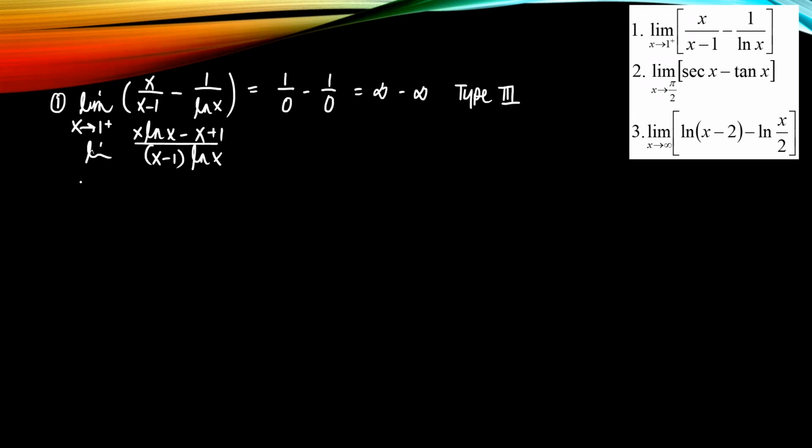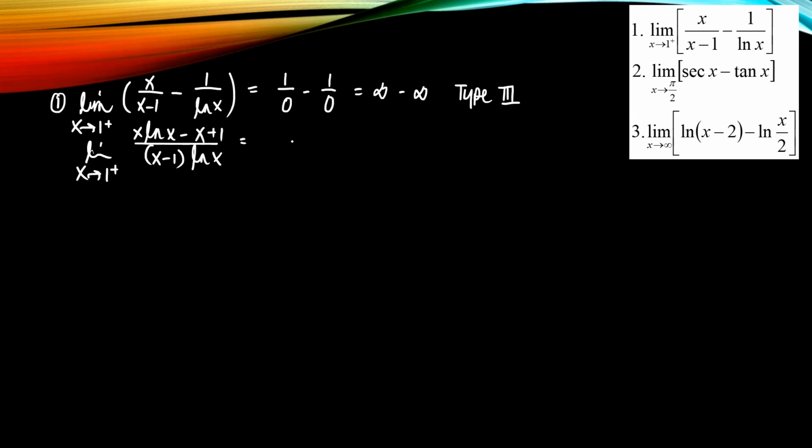That's 1 over 0 minus 1 over 0. So it's infinity minus infinity. What's the case, guys? Very good. Type 3. If it's type 3, maybe, guys, whenever there is a fraction, maybe you can combine the terms. On top, it's x ln x minus x minus 1. So it becomes plus. So let's try.